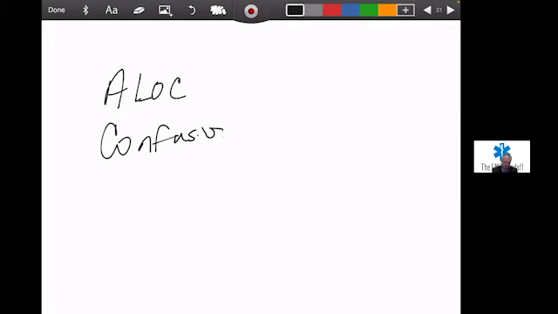So some of the signs and symptoms of respiratory acidosis are altered level of consciousness, confusion, disorientation, coma.